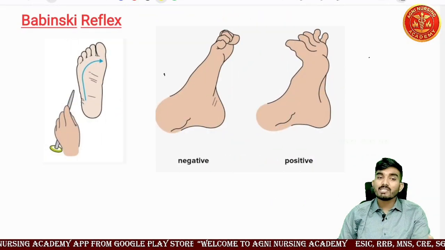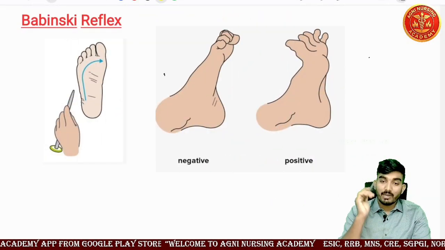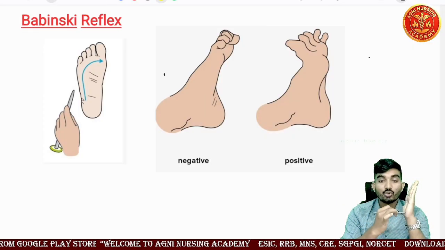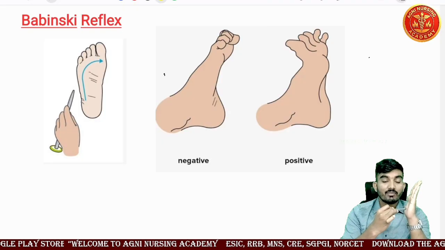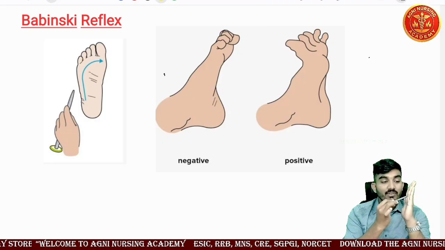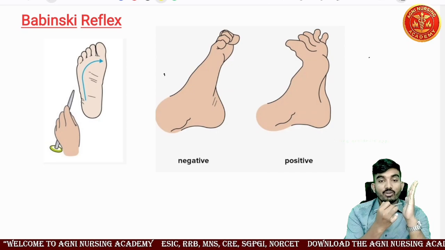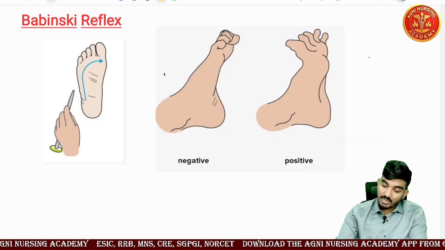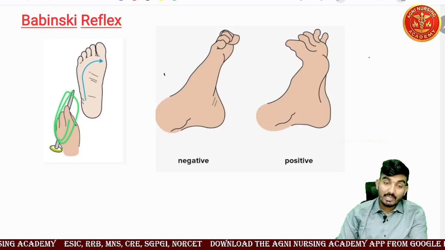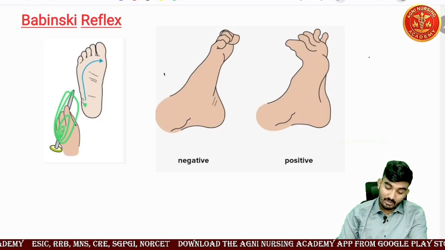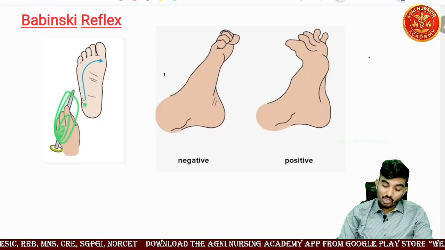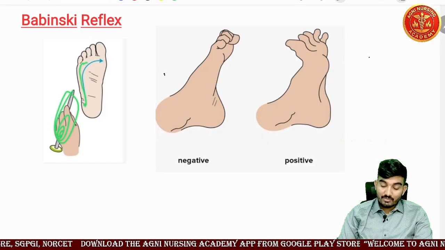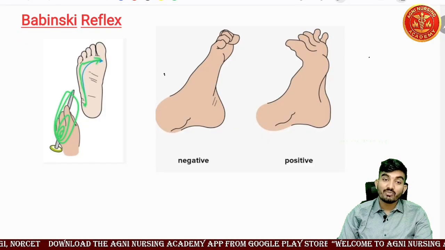The Babinski reflex means we take one blunt object and stroke the sole of the foot. We stroke the object from the heel, along the lateral side towards the little finger, and then curve towards the ball of the foot.